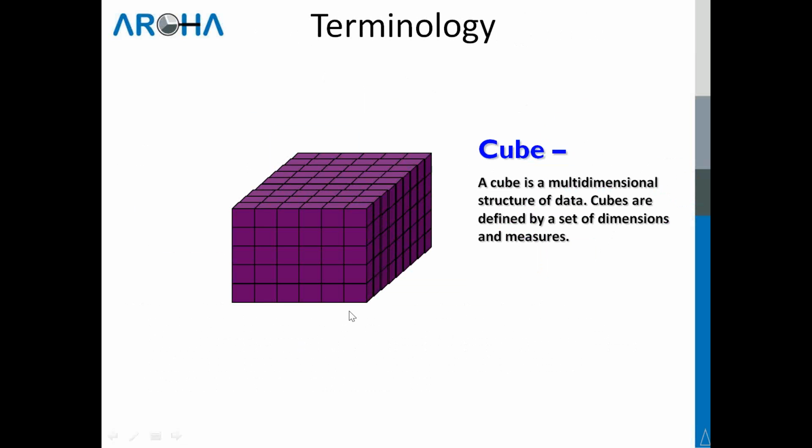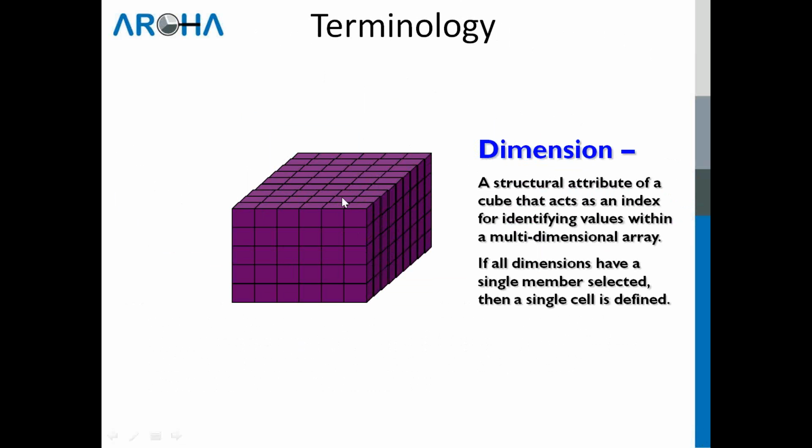Now, when it comes to the cube, this one will actually clarify most of your doubts. What does a cube really mean from an external world perspective? A cube is a multi-dimensional structure of data. If you put a table next to it, it is two-dimensional, whereas a cube is multi-dimensional. Cubes are defined by a set of dimensions and measures. These sides we call dimensions, and the intersection of these dimensions is called a measure.